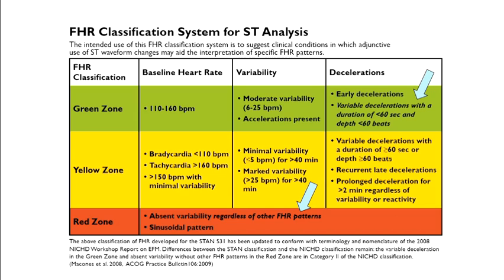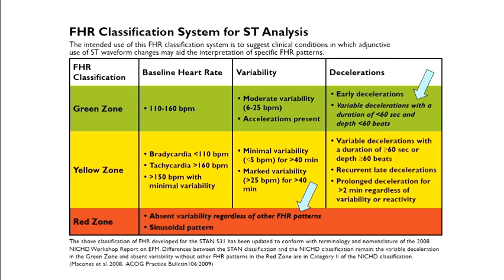So even though they're in category 2 in the NICHD ACOG criteria, they're really a soft category 2, and we may not manage them any differently than category 1. So in the STAN criteria, they are in the green zone. The other difference is the one in the red zone, where absent variability regardless of other fetal heart rate patterns is in the red zone. However, if there are no decelerations, like I showed you before, or no bradycardia, only absent variability with nothing else, this would have been in category 2 according to NICHD and ACOG criteria.